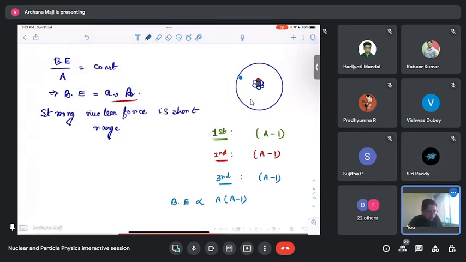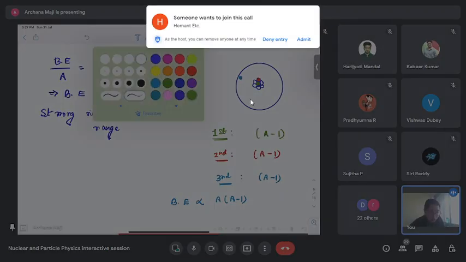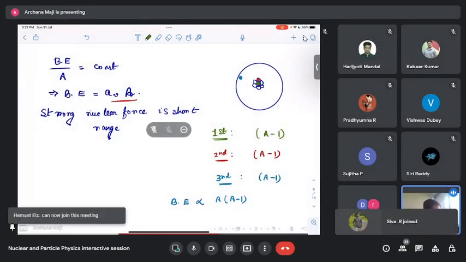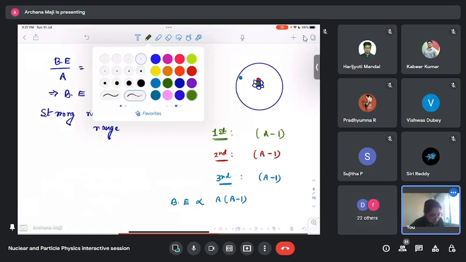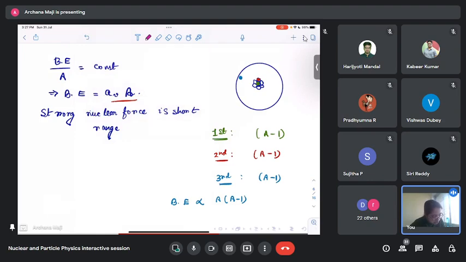Now here we are overestimating, because in order to write it down we are assuming that a particular nucleon, say the green one, is being surrounded by the same number of neighboring nucleons. But if you look at a nucleon which is close to the surface of the nucleus, that is not entirely surrounded by other nucleons.